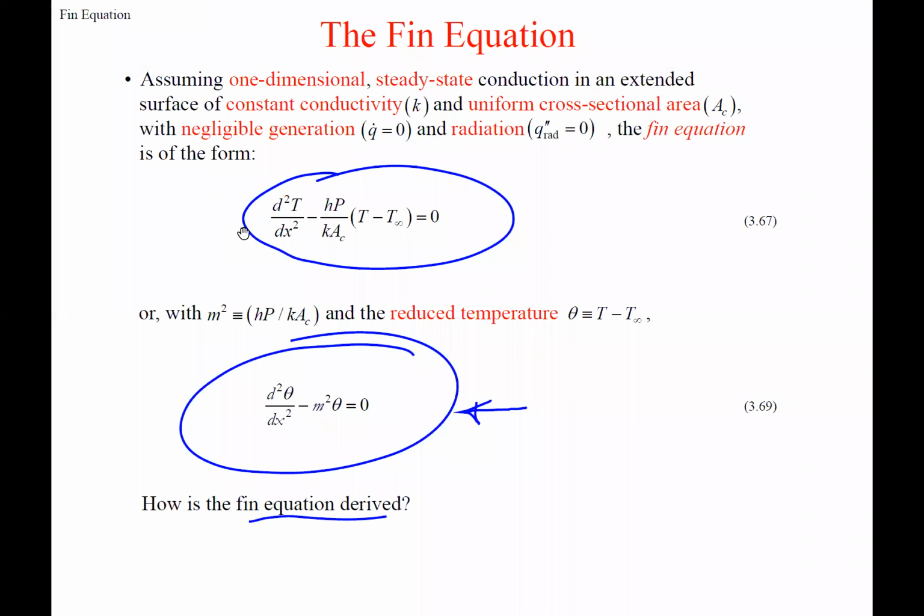To solve it, we need two boundary conditions, right? We have x squared, the second derivative there, so we have an order of two. That means two boundary conditions, okay?